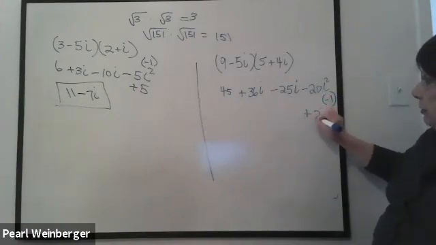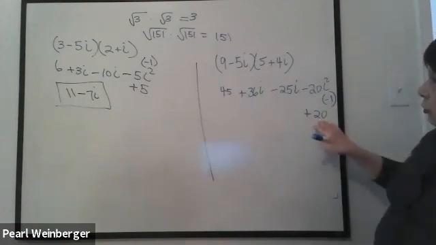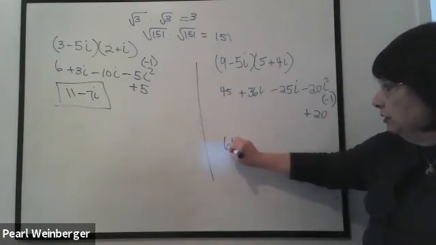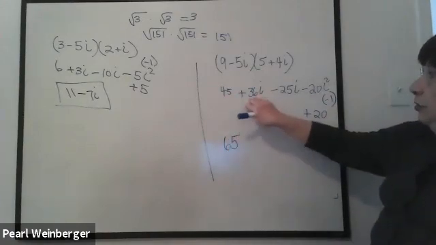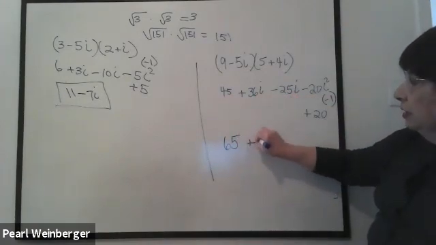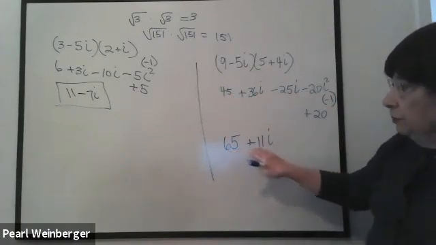This becomes positive 20. And I can combine the 45 and the 20. Those are regular real numbers. That gives me 65. And the 36i minus the 25i, 36 minus 25 is 11, so that's plus 11i. Notice this is in a plus bi form.